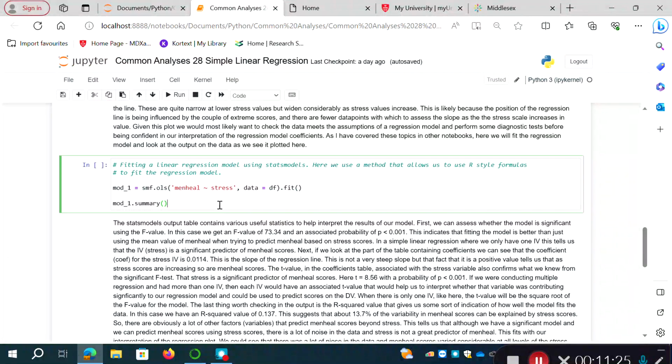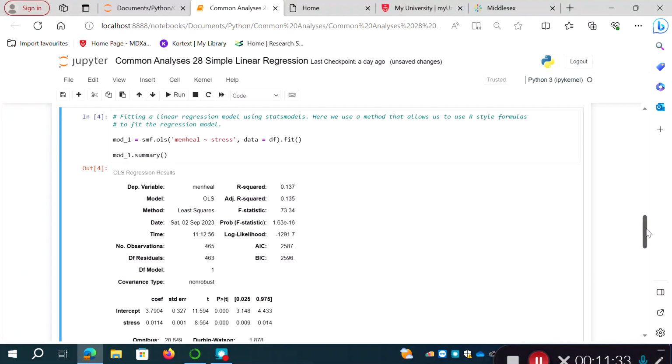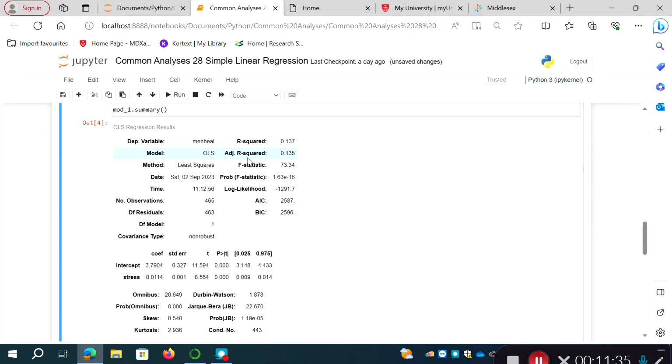at the end. And if I run this, if we call the summary of the results and run that, you can see we get this nice table of output. The top part gives us the model fit, the F statistics and probabilities, and a number of other things we can use to interpret how well the model fits, such as R squared and adjusted R squared.